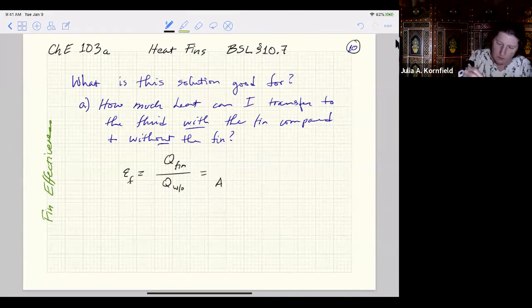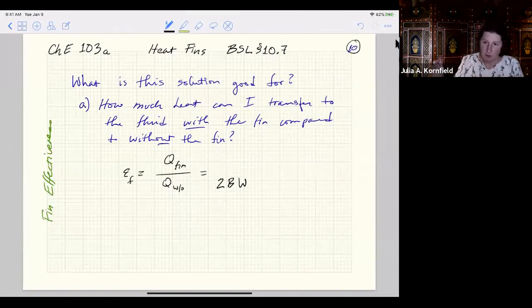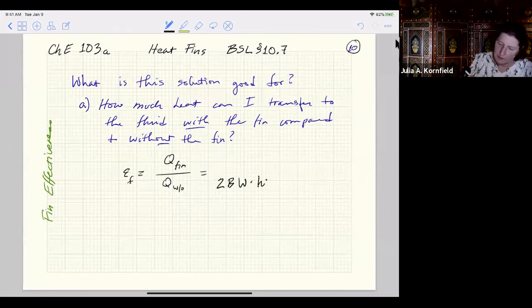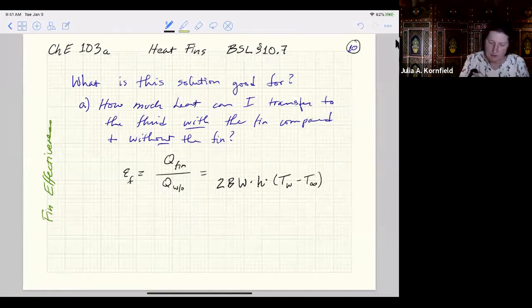Here 2b is the height, w is the width, that's the area through which the energy would be transferred with no fin. That little bit of surface would be at the hot temperature of the wall, and there'd be a heat transfer coefficient describing the fluid properties and the way it's flowing, moving that heat out from T wall to a fluid at temperature T infinity.